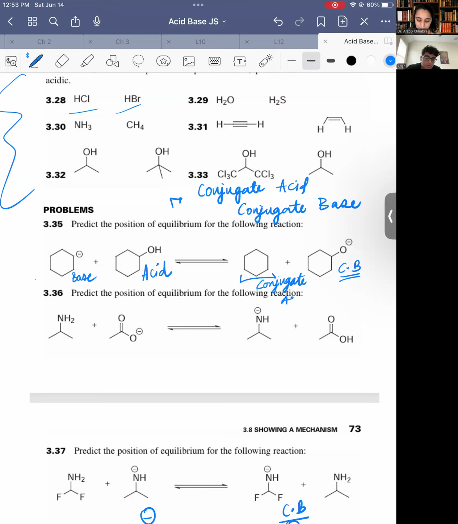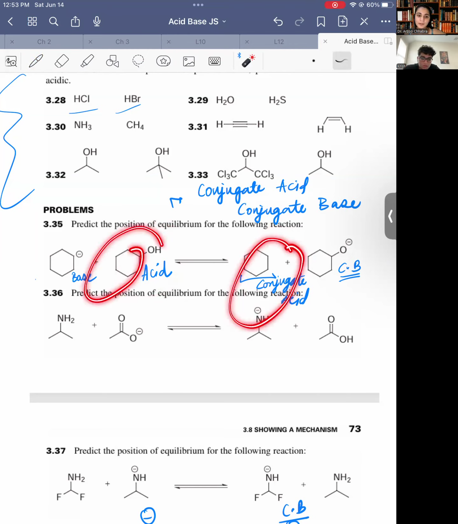But the strong acid and strong base are always on the same side. Otherwise, there is no reaction. So then we have two acids, one over here and one over here. And then we say, okay, the reaction wants to form a weak acid or a weak base. So we always want to proceed in a direction where we form a weak acid or a weak base.